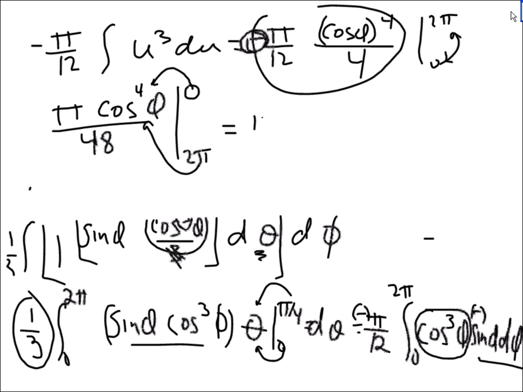That is, in either case, we get pi over 48 minus pi over 48, which happens to equal the number 0. So there is an integral using cylindrical coordinate values and spherical values.